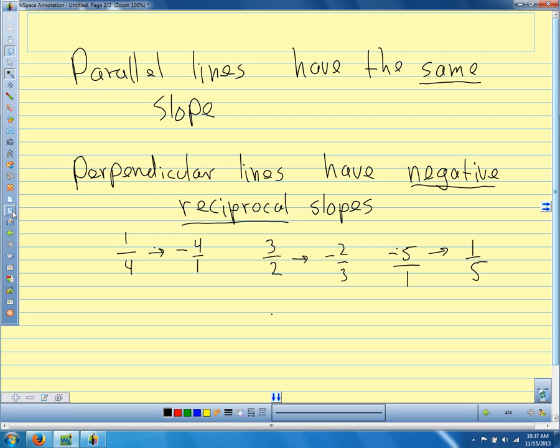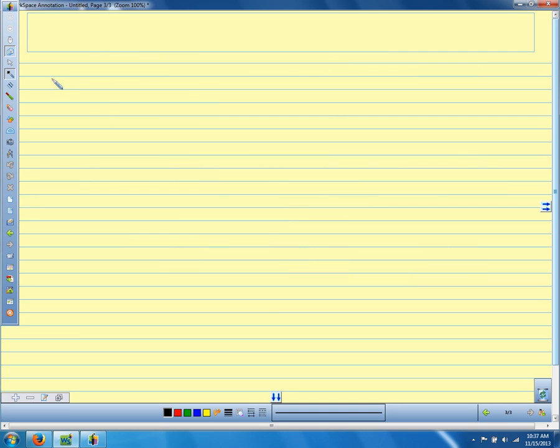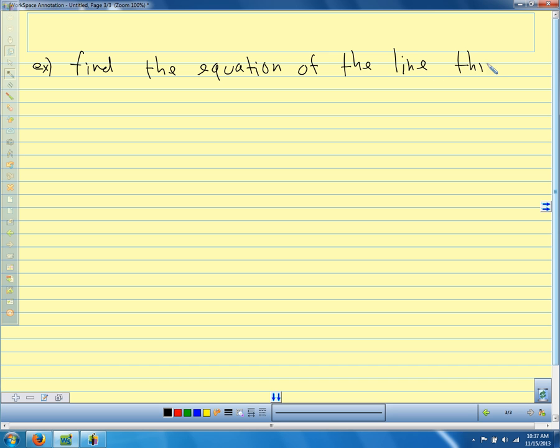A problem you might see would ask you to find the equation of the line through (-2, 3) parallel to y equals 3/4 x plus 5.